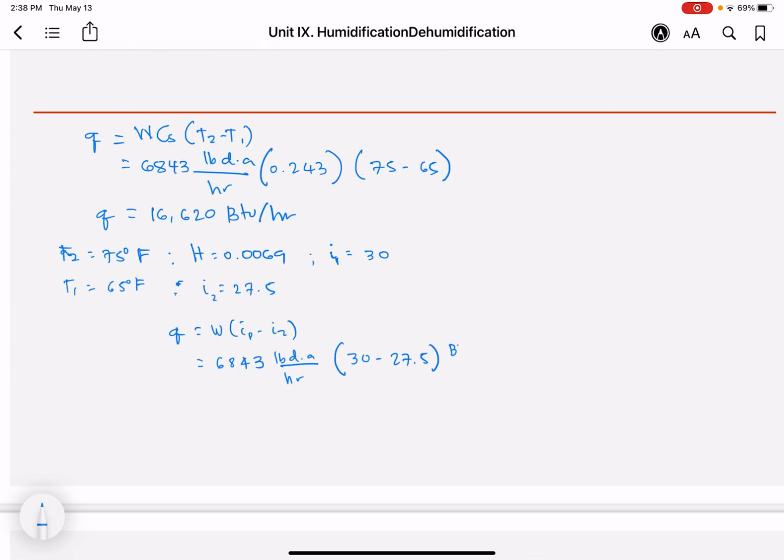So if it is BTU per pound dry air, this cancels out. Finally, I have Q in BTU per hour, which is 6843 times 2.5. So that is 17,107.5 BTU per hour, which is the final answer.